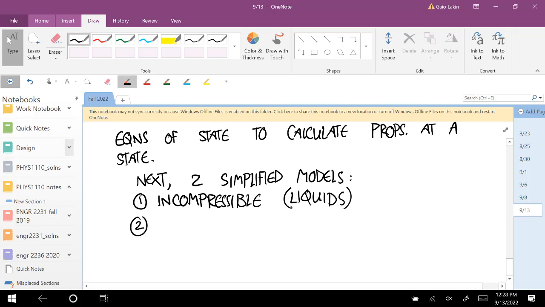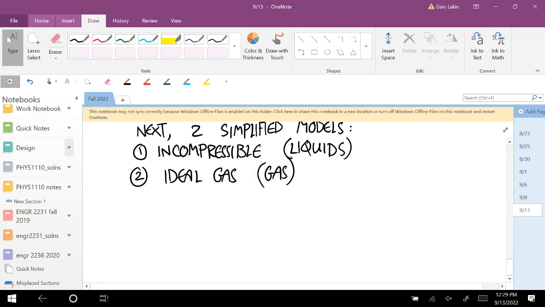And the second is the ideal gas assumption, and that's useful for gases. In cases where you don't have the property tables, these can often do a lot of the same things for you. So I'll start with the incompressible assumption.